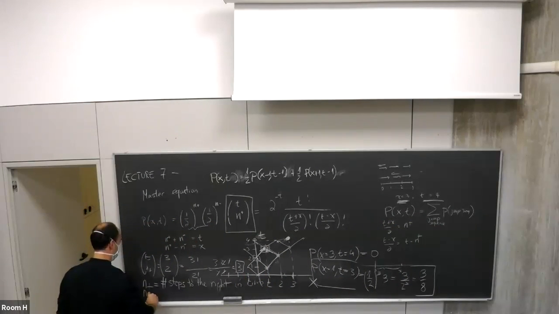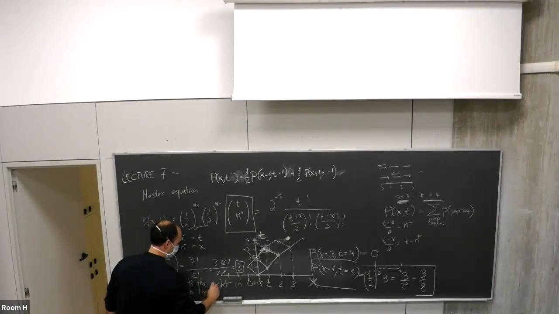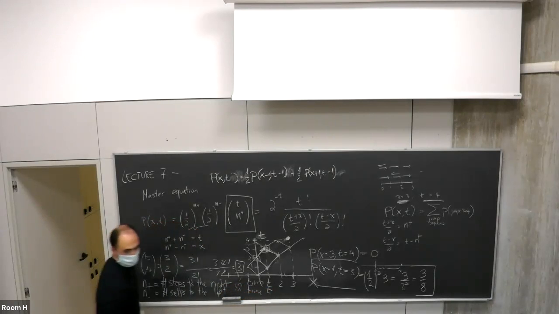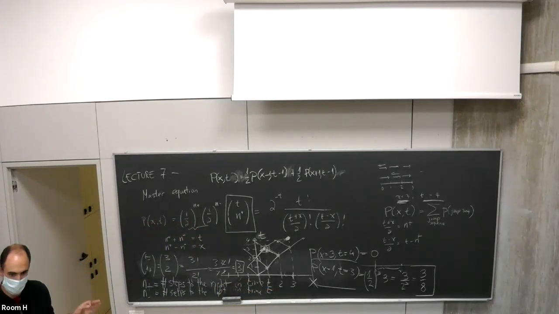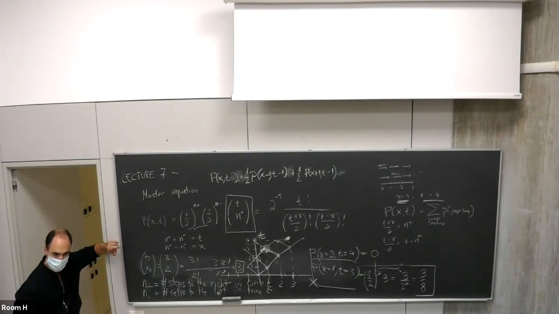N minus is the total number of steps to the left in time t. Okay. So in time t there are t steps. It's a total possible maximum of. No. This is a random variable that depends on the trajectory.